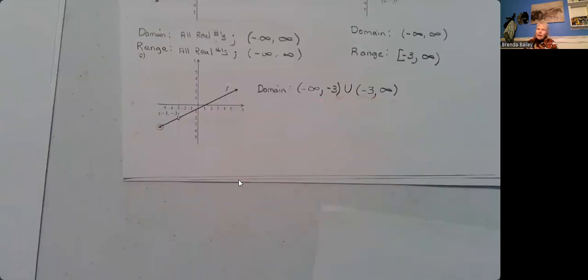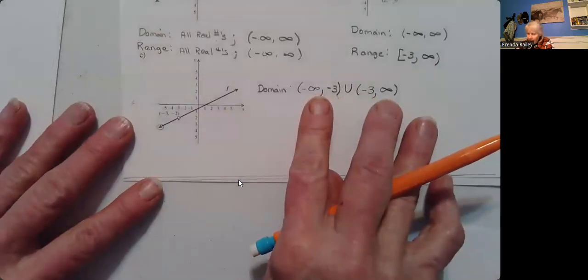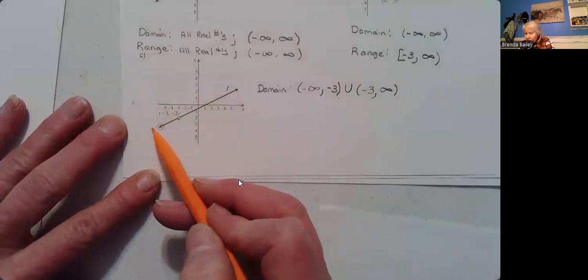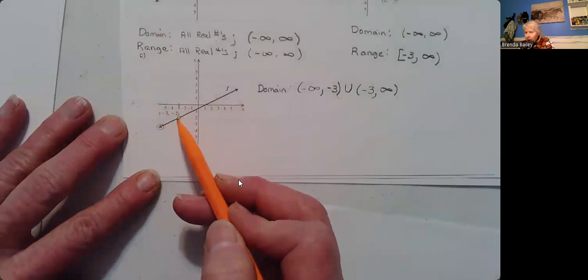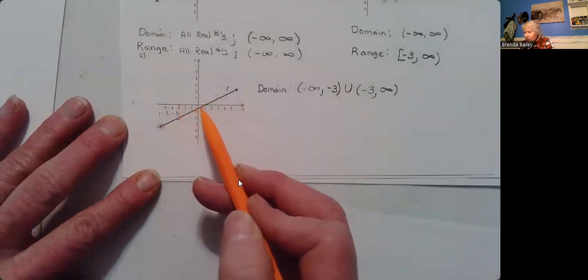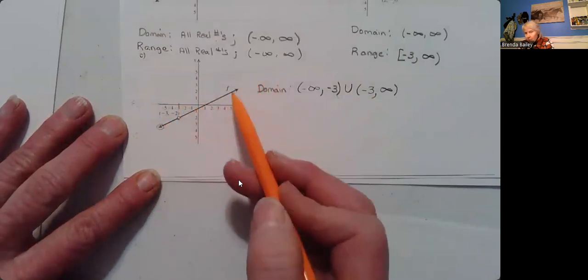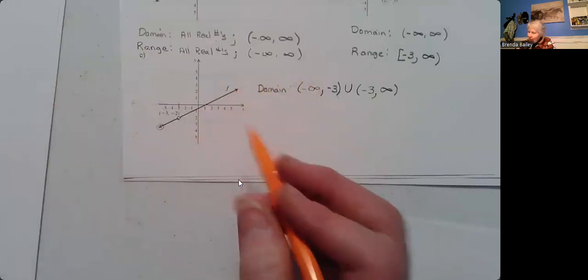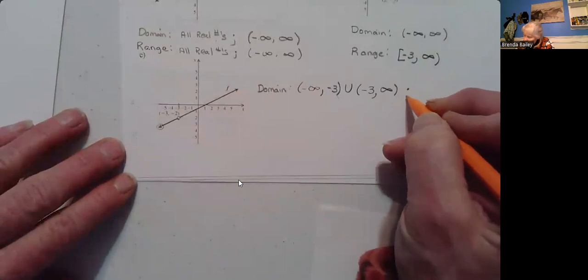Now, how would I write that using set notation? This is the interval notation for the domain. -infinity, we started clear over here on the left, and we had to stop at a -3, and then we kept going. That arrow says we keep going to the right. Now, set notation, I'm just going to put a semicolon here.